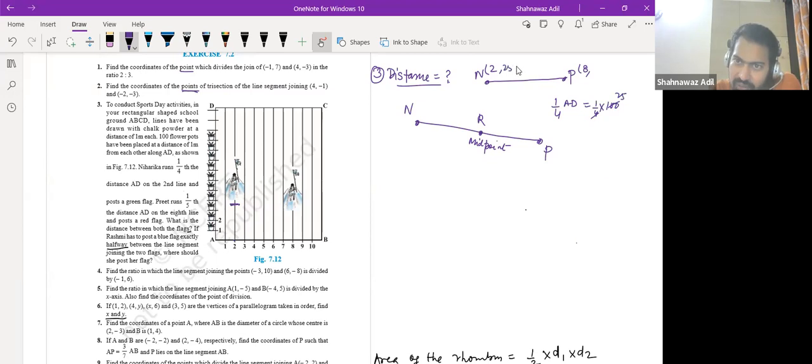So this is 25, and 1 by 5th of AD is 1 by 5th of 100, so this is 20. So these are the coordinates of Niharika and Preet.